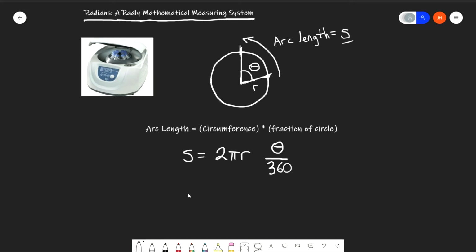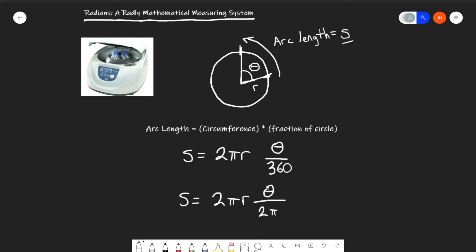Now let's look at the same formula, but this time in radians. Arc length is still s here. Circumference is once again 2 pi times the radius. And to calculate the fraction of the circle that I have, it's going to be my angle in radians divided by how many radians a full revolution is, which we said before was 2 pi radians.